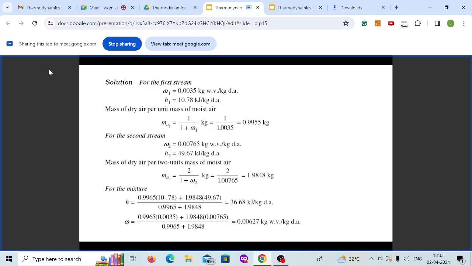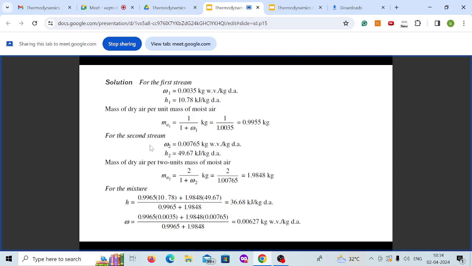Next is to find the mass of dry air per unit mass of moist air. So mass of dry air equals 1 by 1 plus omega 1, which is 1 by 1.0035, equals 0.9955 kg. So if you have 1 kg of moist air, the amount of dry air in that is 0.9955 kg.